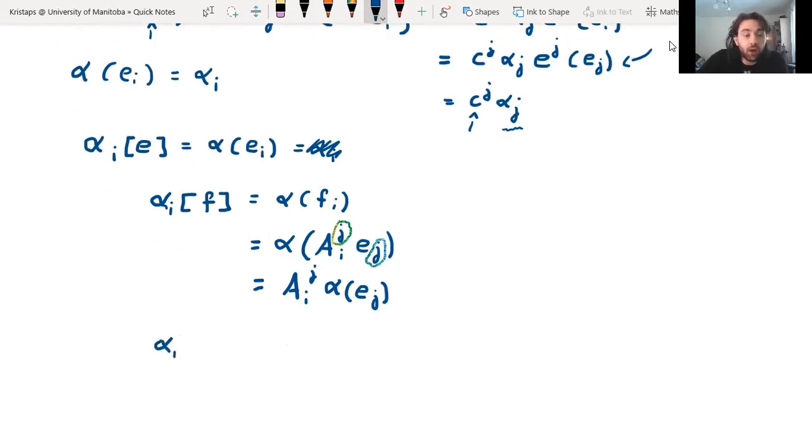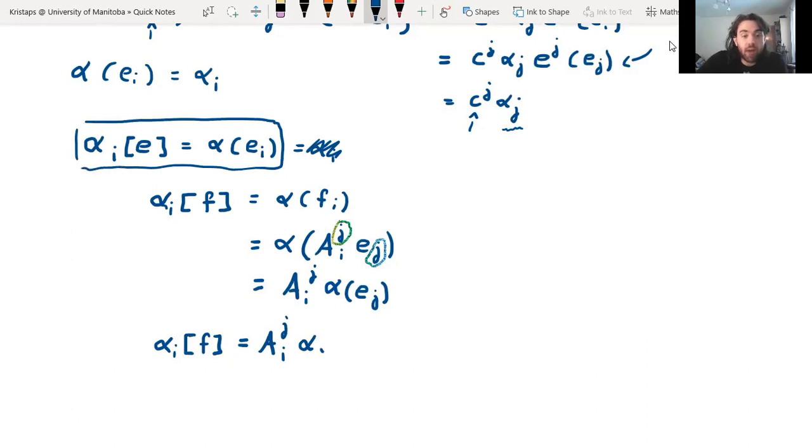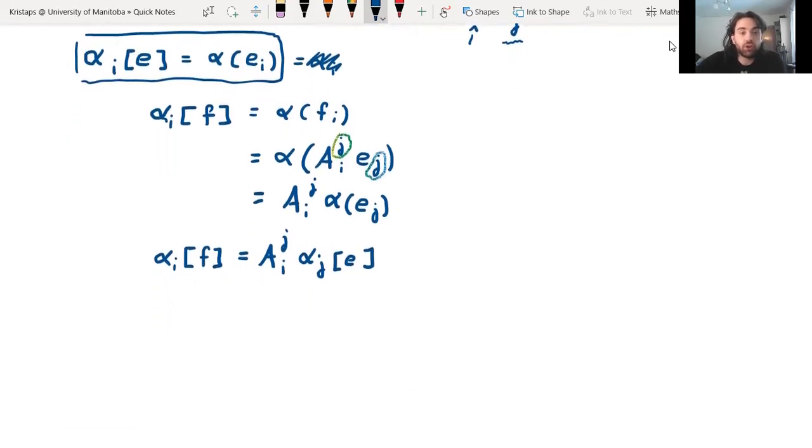So in other words, we find that alpha sub i in the basis F is A sub i superscript j times alpha sub j in the basis E, using the notation that we're using. So using this formal notation again, I'm going to write alpha sub E. This is going to be the column vector alpha sub i.